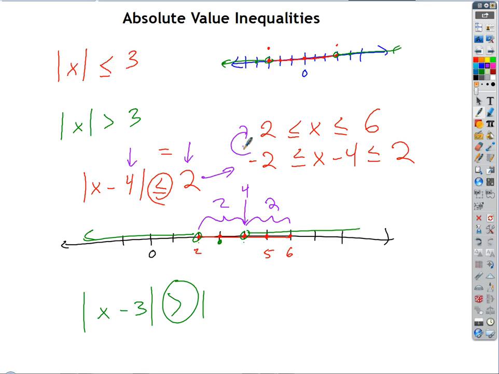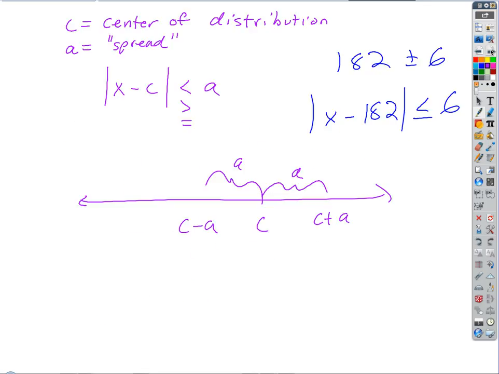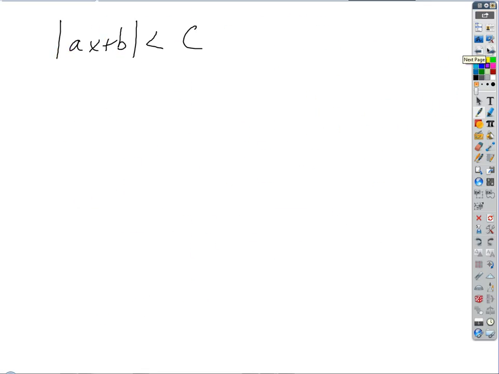The distance between X and 4 has to be pinched between those two positive and negative values, right? And then from there we could just add 4 to all parts and come up with our distribution.